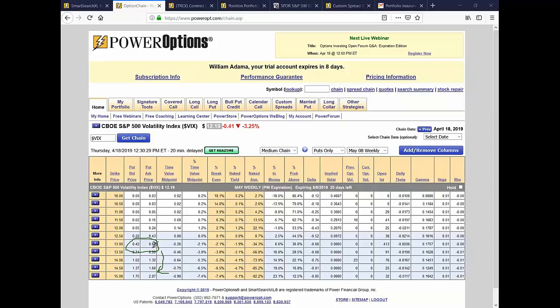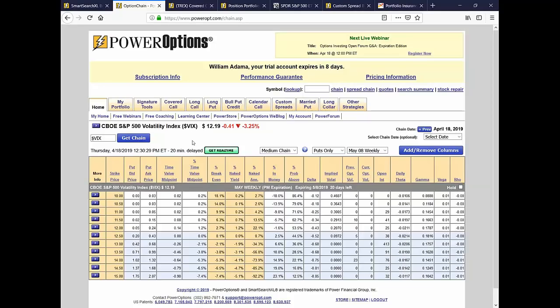They'll look like an automatic loser if you bought them or you sold them and the underlying did not move. It also means that certain things such as delta and probability are also a little bit off because it's not based on an underlying asset.